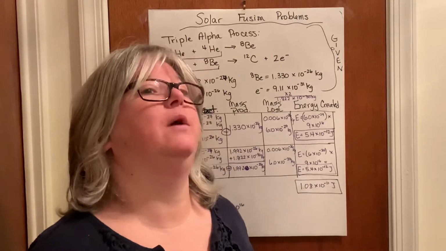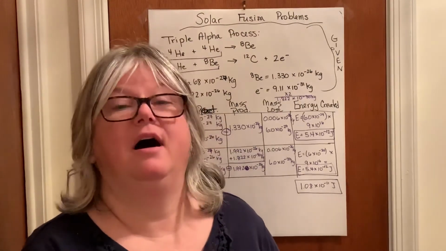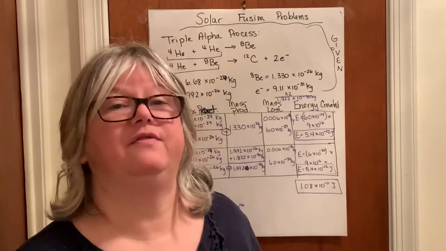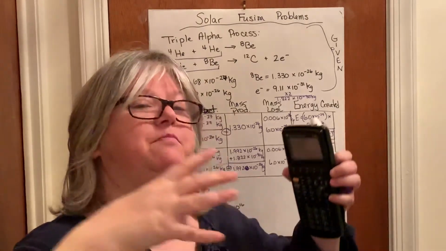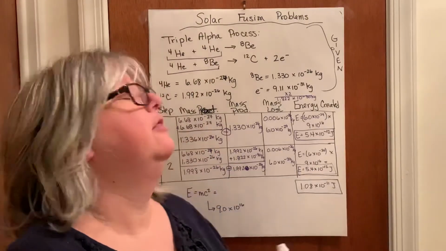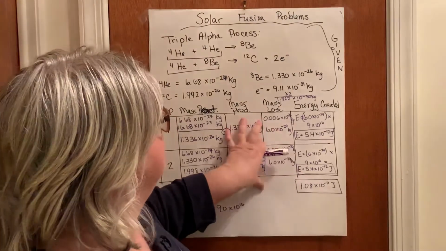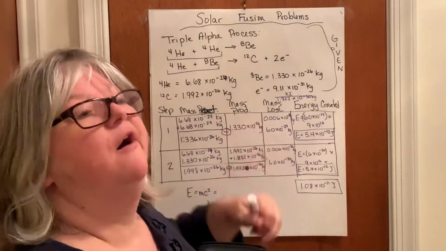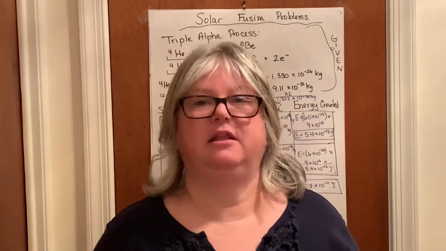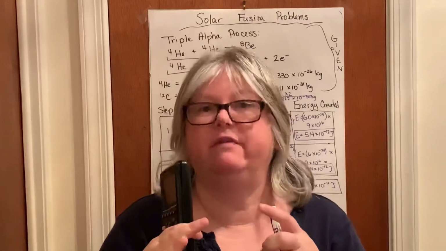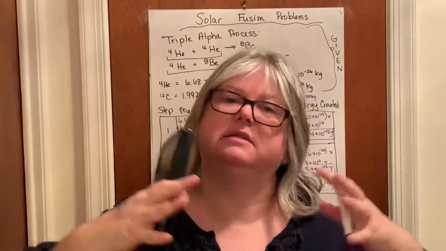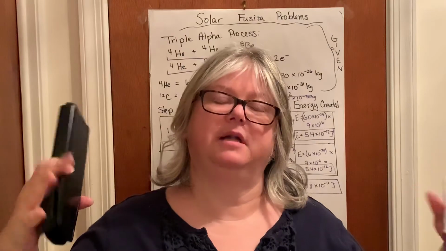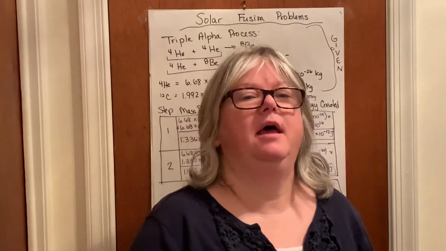That's why during this stage of the sun's life, it's going to expand outward. The pressure that comes from this reaction far exceeds the gravity, the weight of the sun, and so that's why the sun balloons outward.